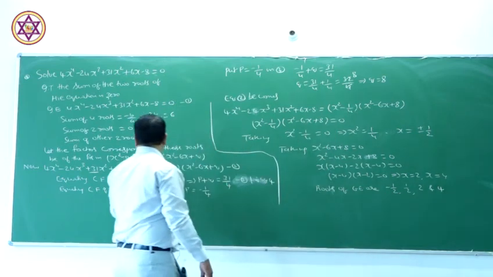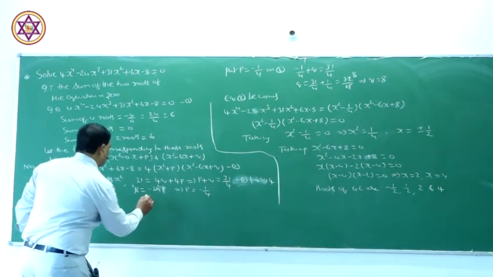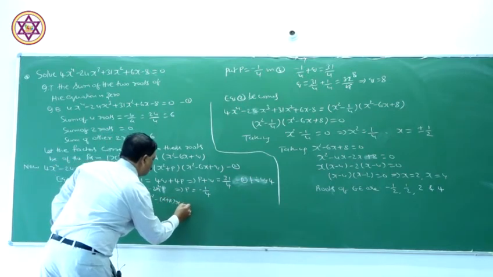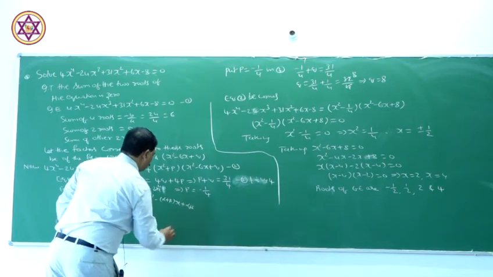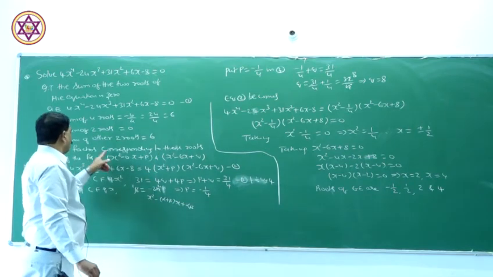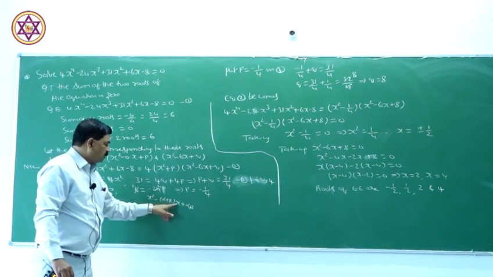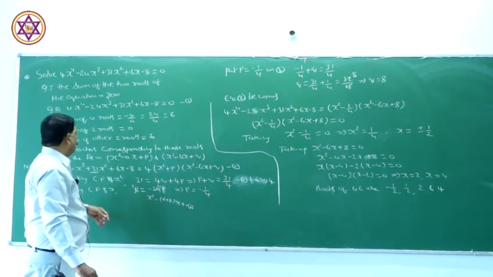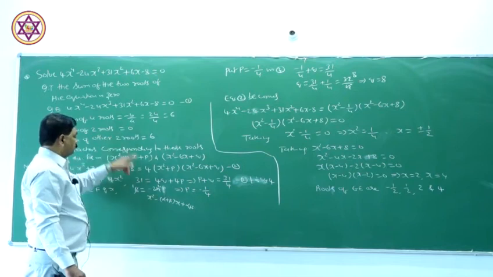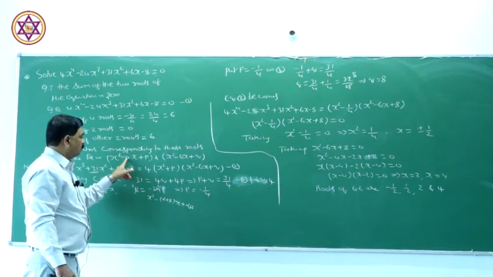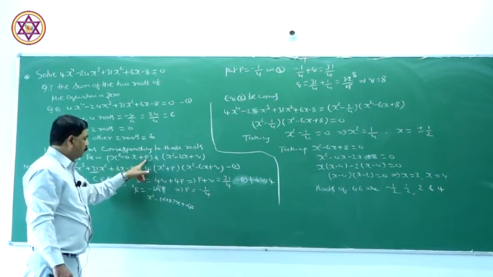Here I am taking the roots like this because the rule is x squared minus (alpha plus beta) x plus alpha beta. In case of a quadratic factor, usually we take x squared minus (alpha plus beta) of x plus alpha beta. Here the sum of two roots is 0, so I am taking 0. Product we assume as p.